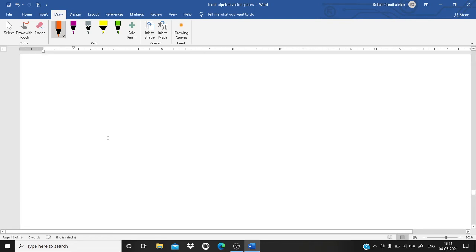So I shall begin with a very simple example first, which was asked in the examination also. Okay. So write down the question. Let R3 have the Euclidean inner product.